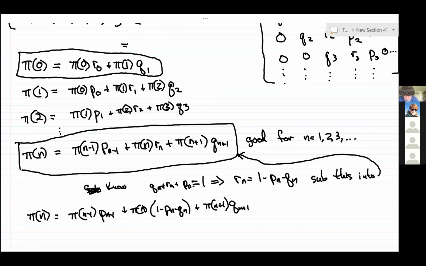Okay, and this would hold just when this holds. This would be good for n equal 1, 2, 3, etc.